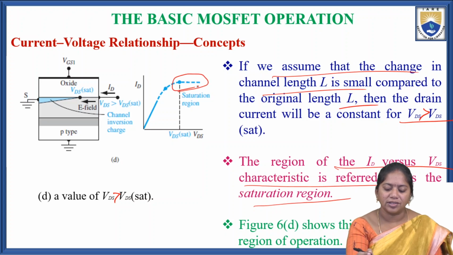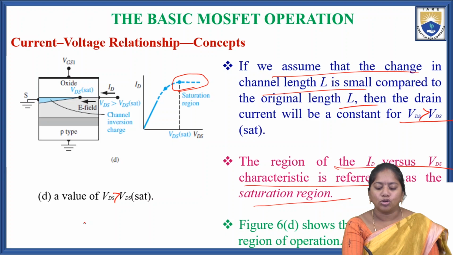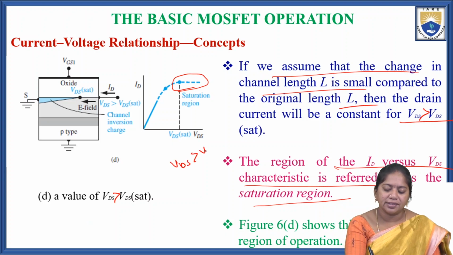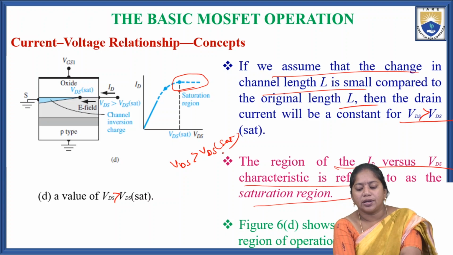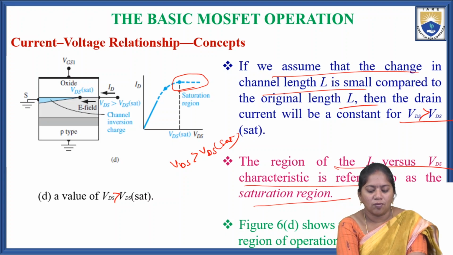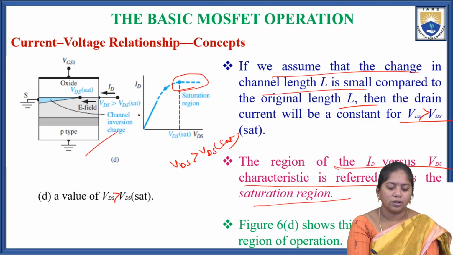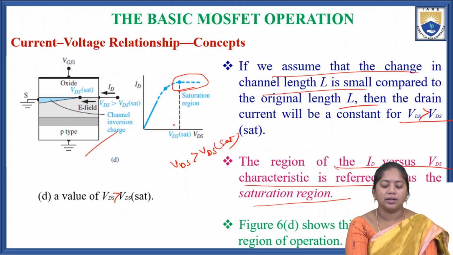Here the VDS values are greater than VDS saturation values. Figure 6d shows the region of operation. This is the cross-section view for VDS greater than VDS saturation. This is the graph between the ID and VDS curve.